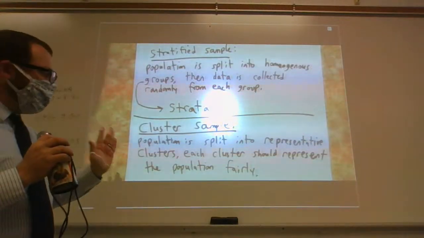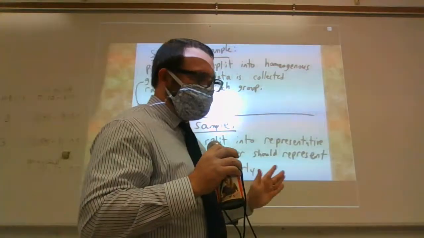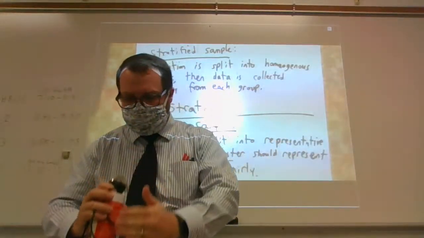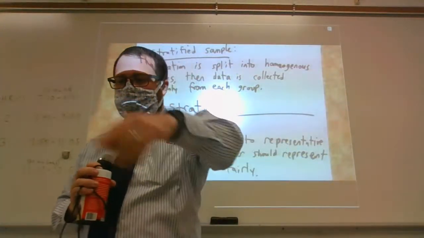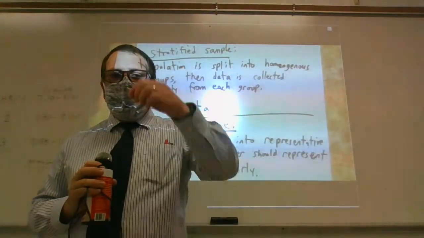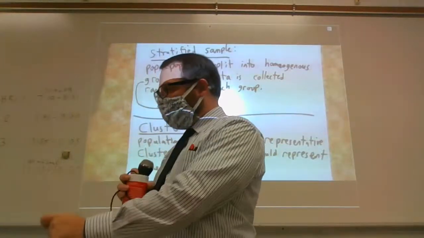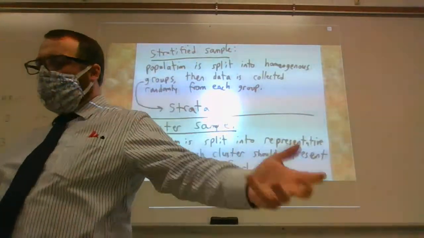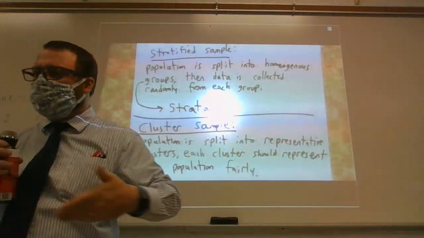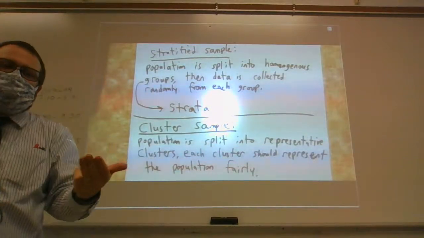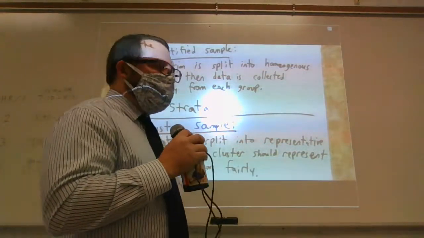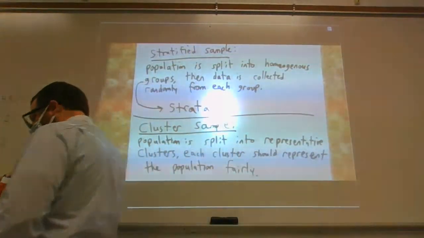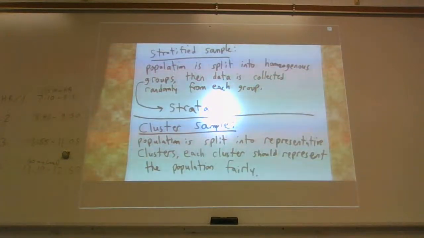But the cluster should be representative of the population. So if I took that Boston cream pie and sliced it up, and each individual slice represented the whole, and then I randomly selected a slice in order to test it or taste it, then that would be a proper cluster sample. It's going to be great.